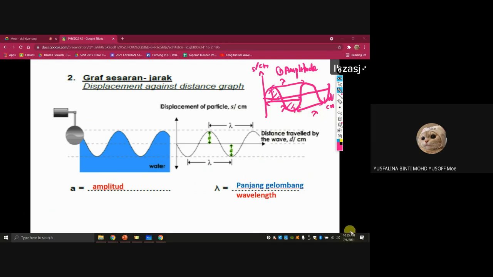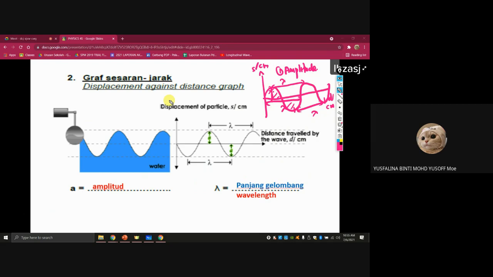So from this graph, displacement against distance, you can get two info: the amplitude, and another one is the wavelength. So for wavelength, you can take two semicircle, crest to crest, or trough to trough. That's the two info you can get from this graph.